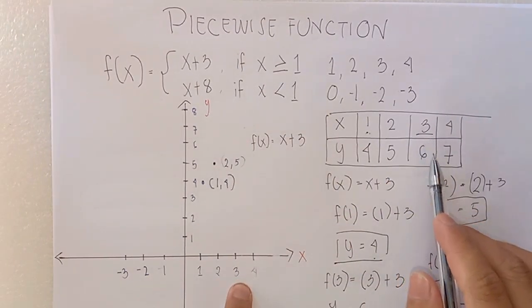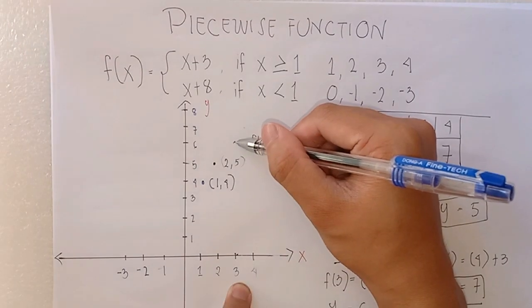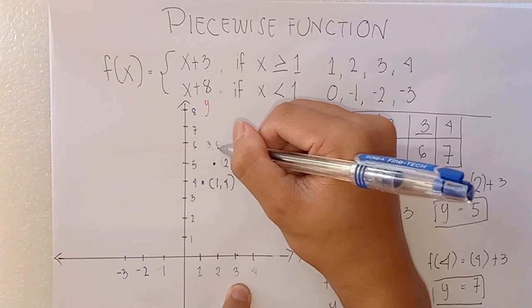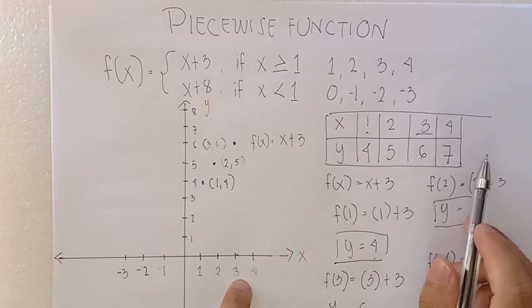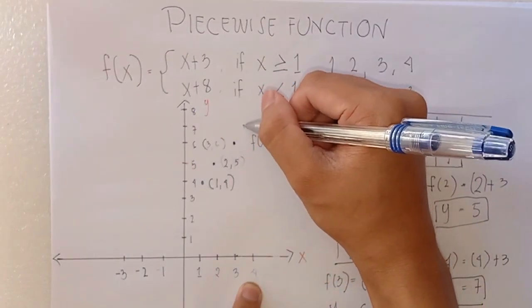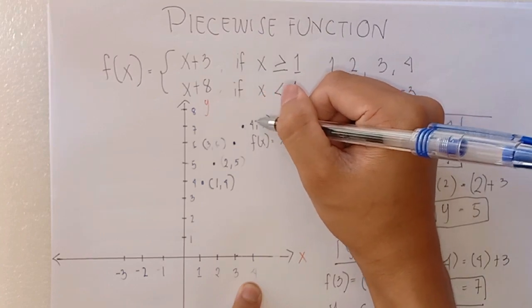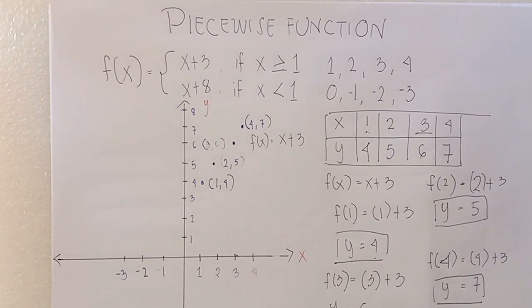And 3 and 6. And lastly, 4 and 7. That is the graph for x plus 3.